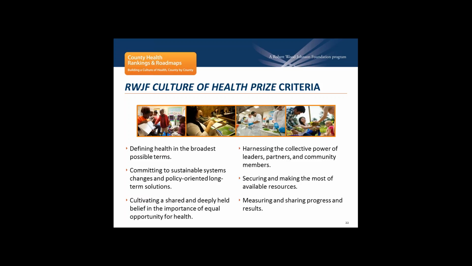And here you'll see the 6 criteria that are central to the RWJF Culture of Health Prize. The prize recognizes and celebrates communities that have placed a priority on health and are creating powerful partnerships and deep commitments to make change that will enable all in our diverse society to lead healthier lives now and for generations to come.